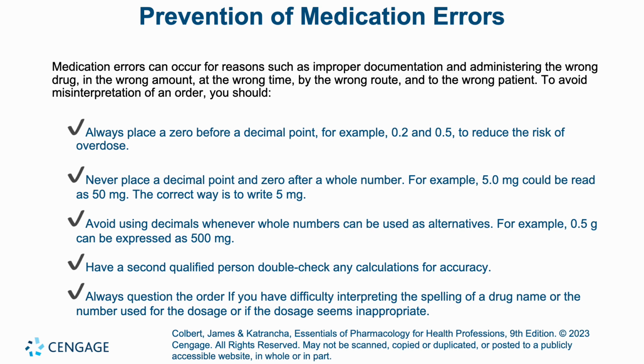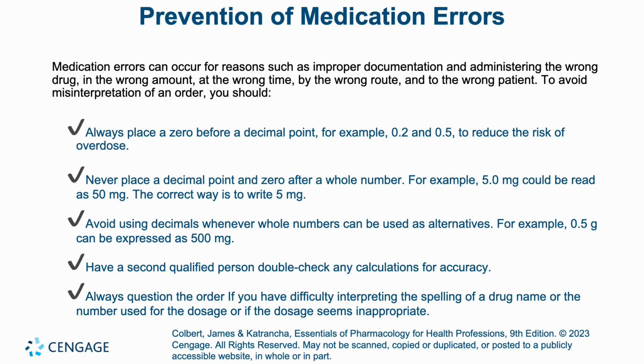Never place a decimal point and a 0 after a whole number. For example, if you wrote 5.0 milligrams, that could easily be misinterpreted as 50 milligrams. The correct way is to write 5 milligrams.